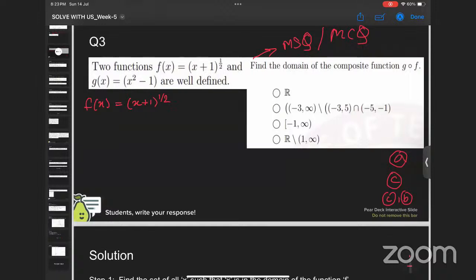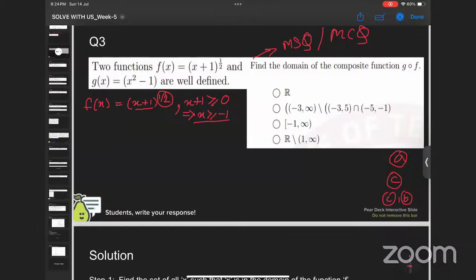If we have the power as half, then in order to make it a real number, x plus 1 should be non-negative, right? It implies x should be greater than or equal to -1.